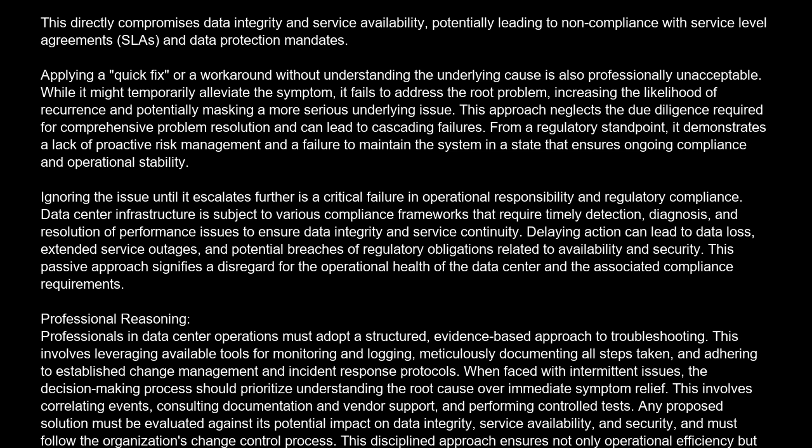This involves correlating events, consulting documentation and vendor support, and performing controlled tests. Any proposed solution must be evaluated against its potential impact on data integrity, service availability, and security, and must follow the organization's change control process. This disciplined approach ensures not only operational efficiency, but also robust regulatory compliance and ethical conduct.